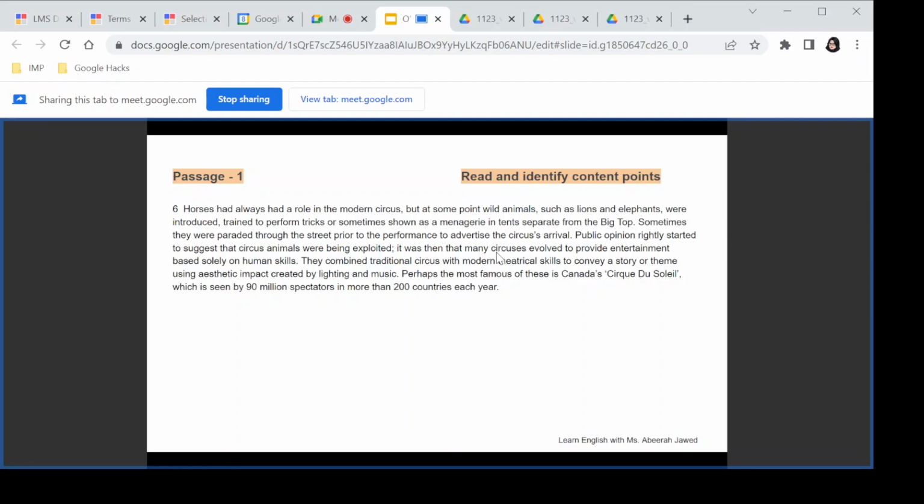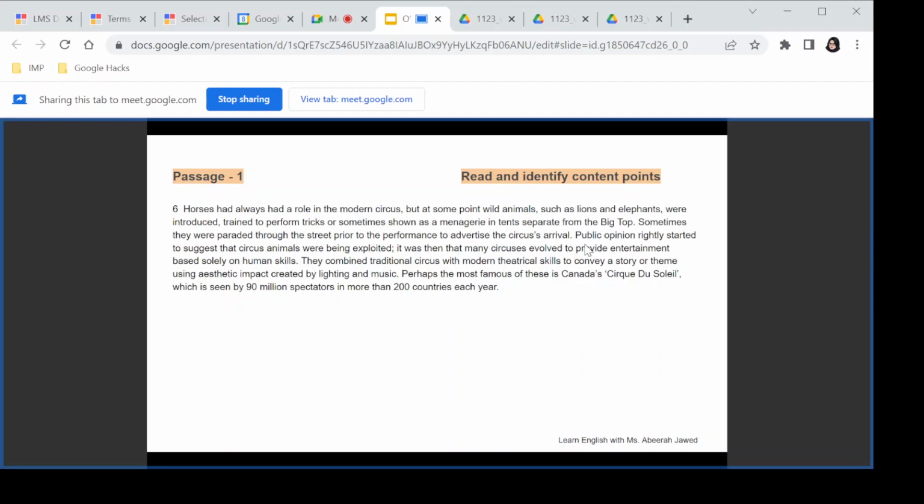This is right. One could talk more about how circus has developed throughout the years and how they've used a certain style to depict their humor, and how the aesthetic of circus itself is now transcending. I think we are missing one point here. First, we talked about the inclusion of wild animals to attract customers, and performances were advertised.